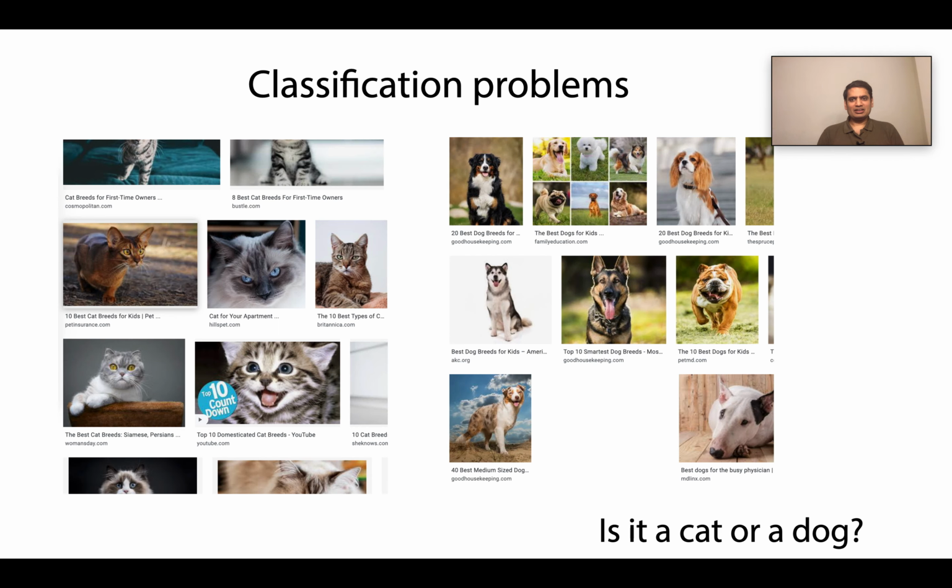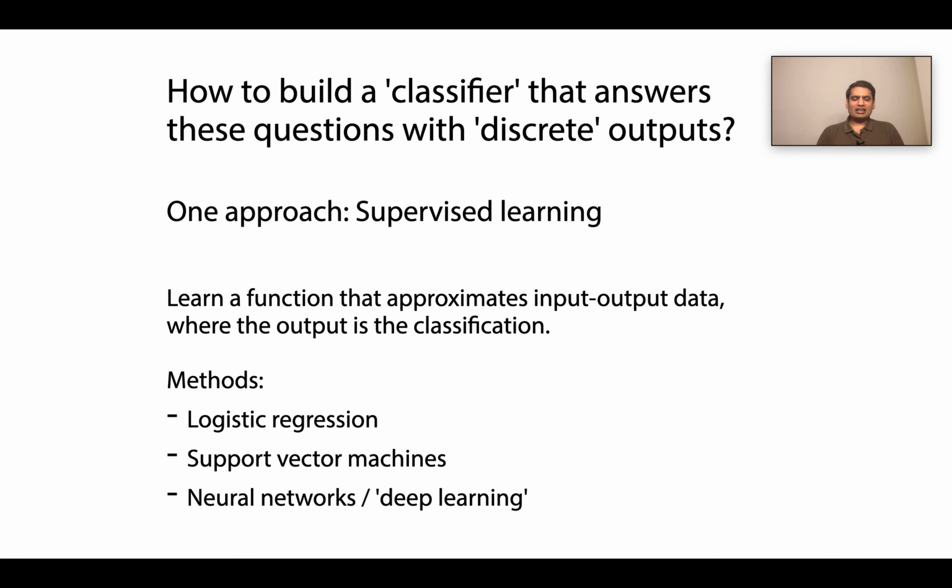So imagine you have a million pictures, and they have been classified into cats or dogs. So you have data of that flavor. And then you can try to build a classifier, basically a function that takes the input-output data and then learns that transformation, right? And we will see that there are a number of different methods for building these kinds of functions. The first one that we will look at is called logistic regression.